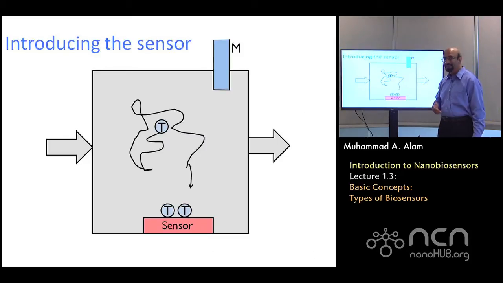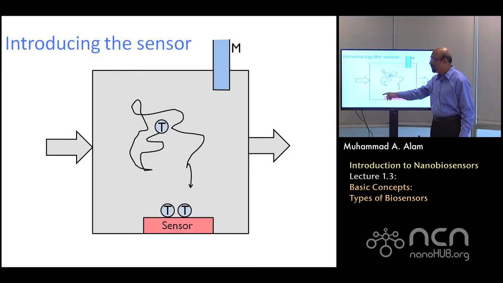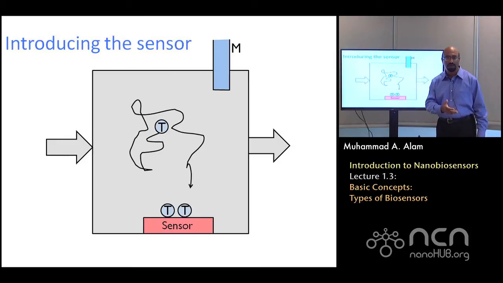So here is the basic picture. You remember the hypothetical big box, which could be a beaker, or it could be a droplet, or it could be a cell, and we have the target biomolecules that we got introduced. And after a long random walk, which is the diffusion, the molecule has finally landed on the sensor surface.